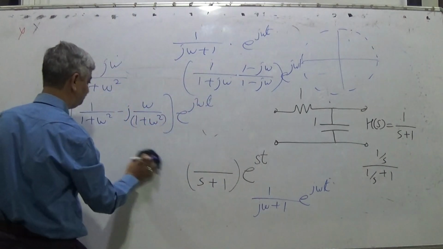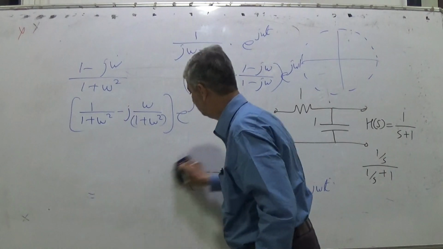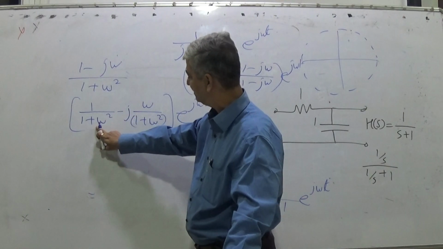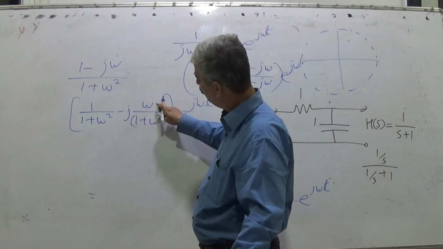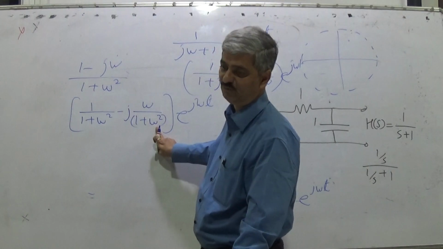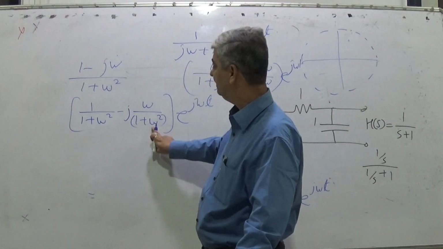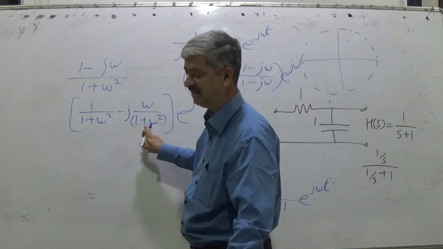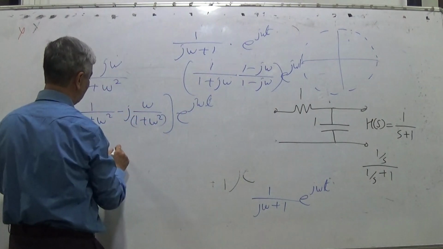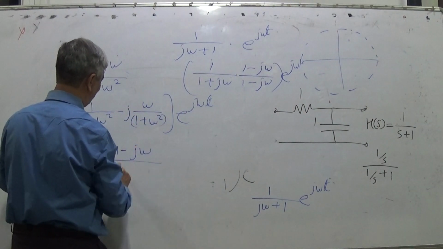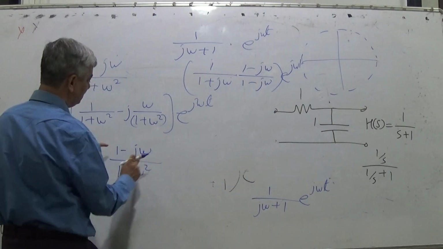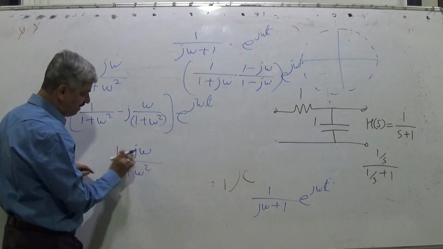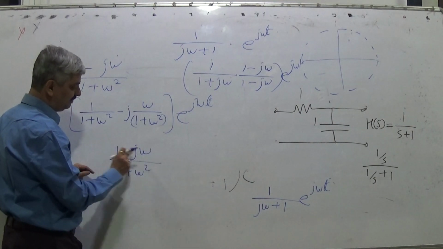What is this now? This is very important. So this tells us 1 upon 1 plus omega square minus j into omega upon 1 plus omega square. In the denominator we have got 1 plus omega square. So something plus imaginary part.